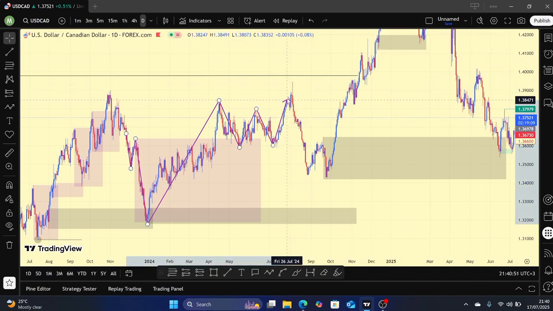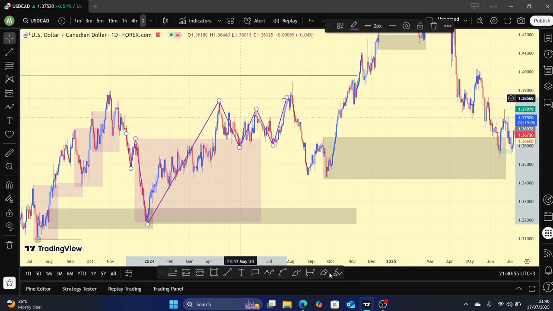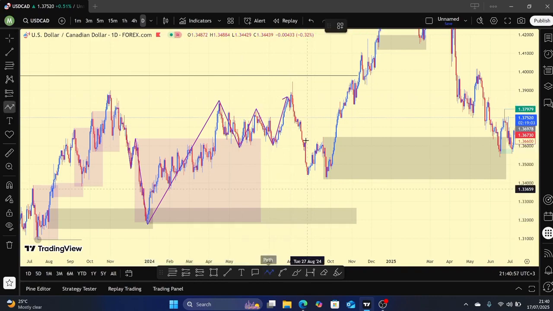You can see this here, price broke past that. So yeah, you can see exactly. This means that there is a valid pullback here, and then price did that. Then there is another pullback here, a small pullback, and then finally we have this final one.